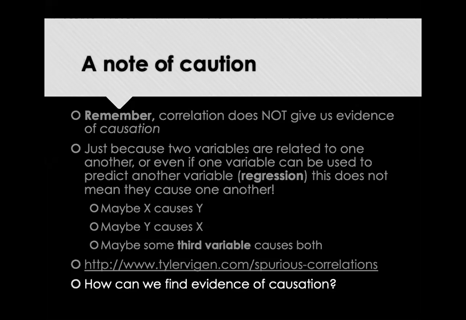How do you find evidence of causation though? So let's say you've got two variables, you've got a strong correlation, you do think that X causes Y, for example. How can you figure that out?